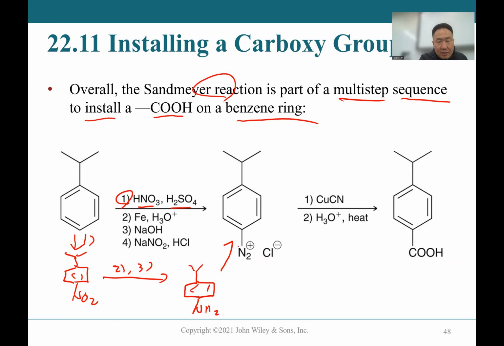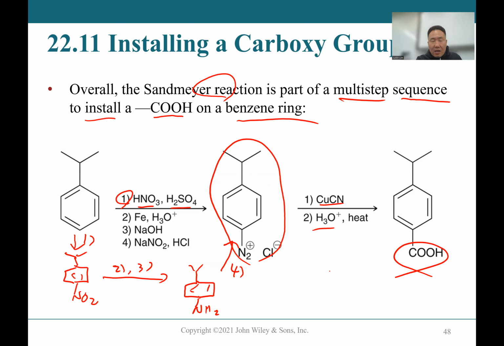And step 4, you use NaNO2 and HCl to generate the aryl diazonium salt. And then finally, you can use copper cyanide and H3O+ to generate the carboxylic acid.